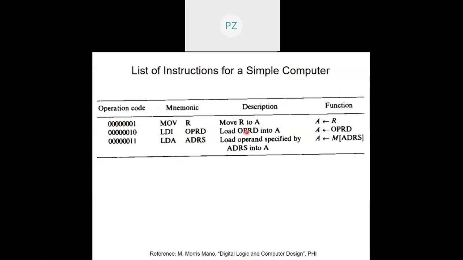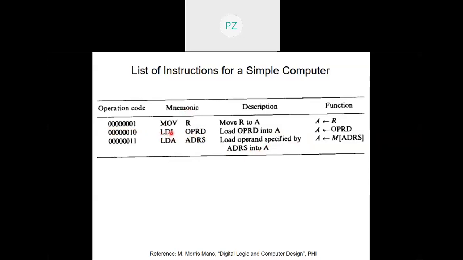So for the operation code, what is the description? This will move R to A. This will load an operand into A, where the operand is a part of the instruction itself, and load an operand specified by address into A. So this is LDI OPRD, load immediate. You see, the mnemonic is such that we can see from the mnemonic itself what it does.